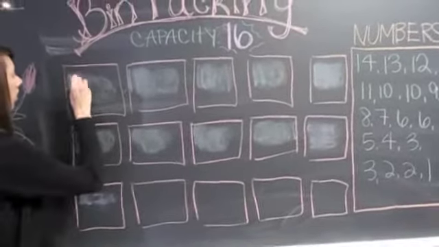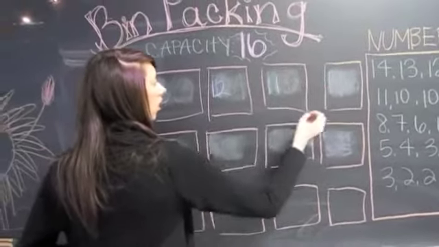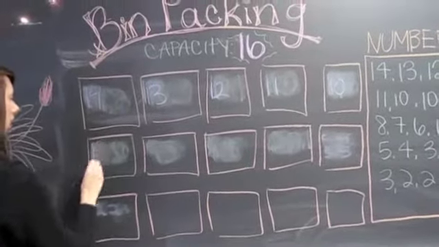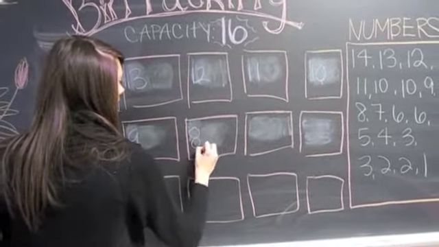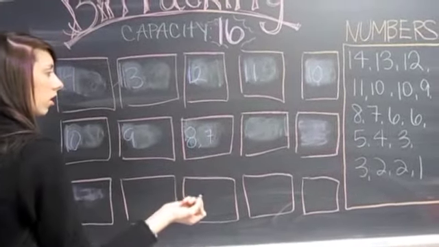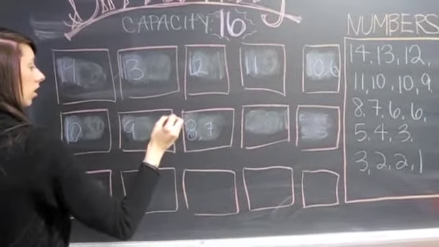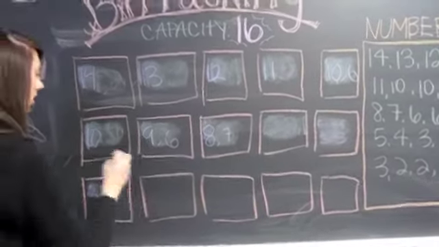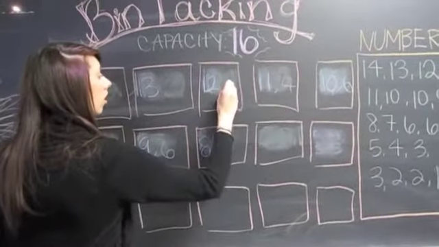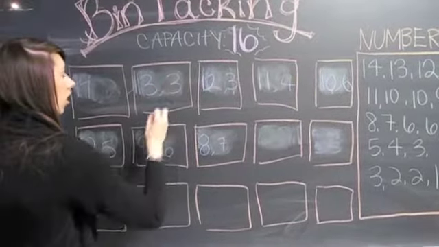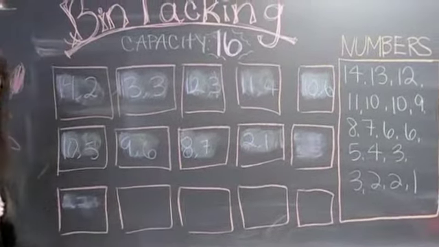Alright, start with 14, new box 13, new box 12, new box 11, new box 10, new box 10, new box 9, new box 8 and 7, then go back to the 10, the second 10 with a 6, and the 9 with a 6, and then the other 10 has a 5, and then the 11 has a 4, 12 has a 3, 13 has a 3, 14 has a 2, then a new box has 2 and 1, and then the minimum boxes is 9.